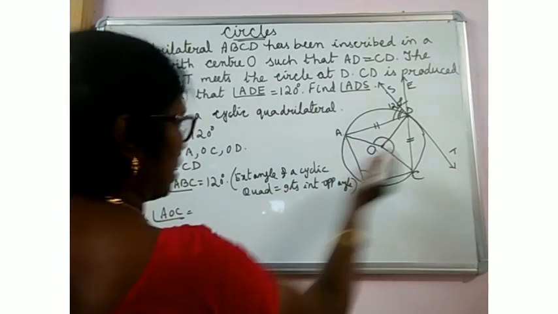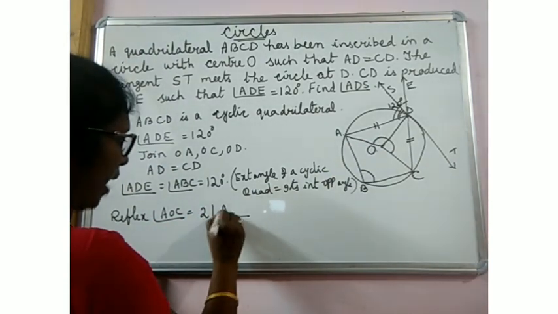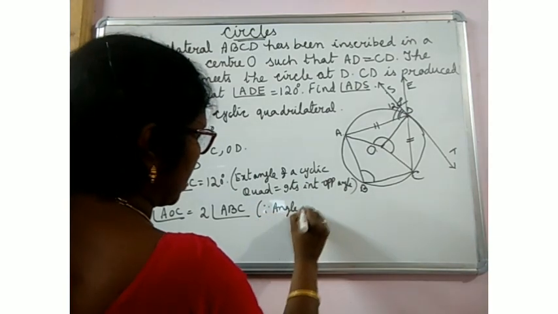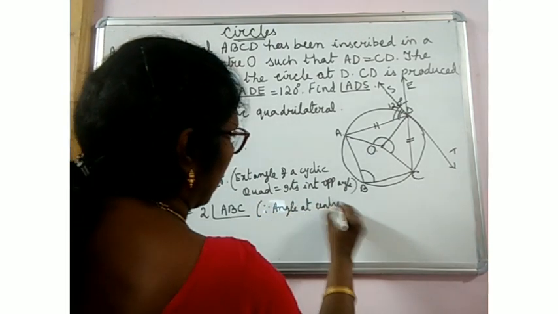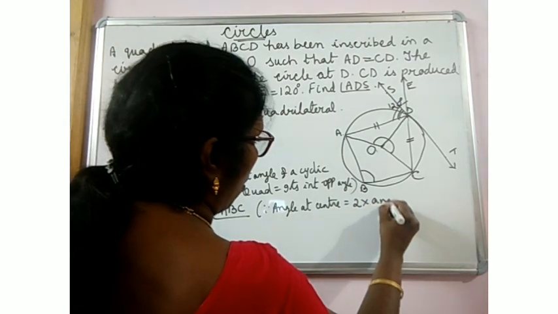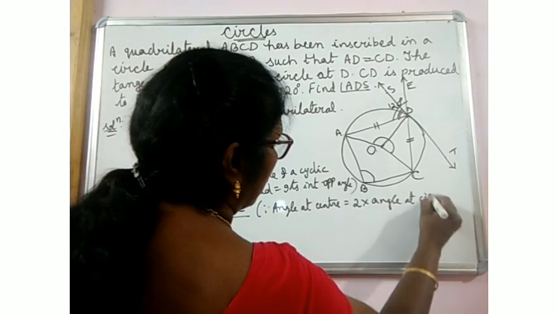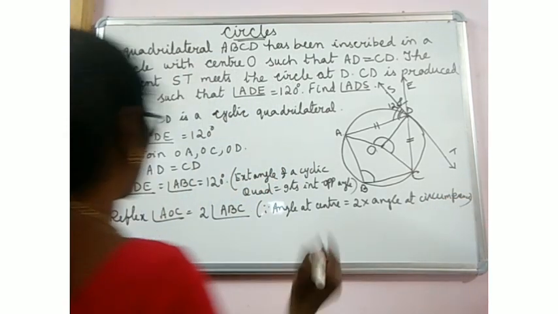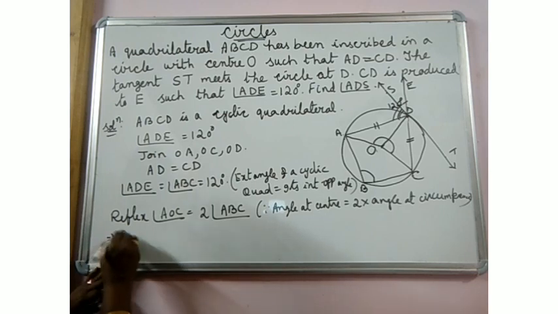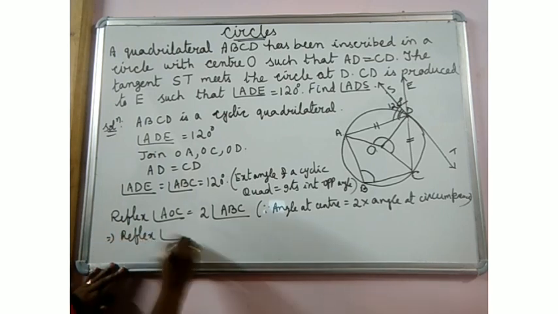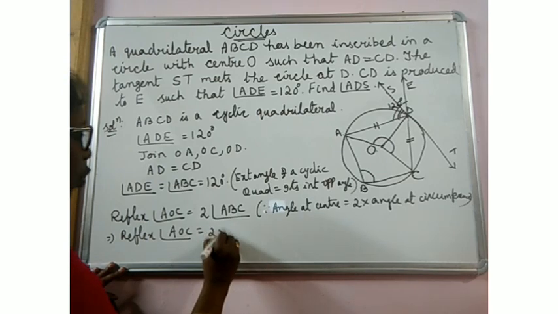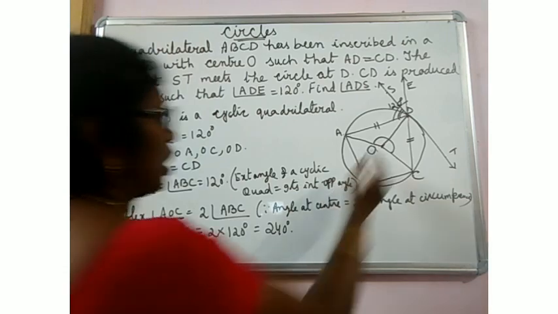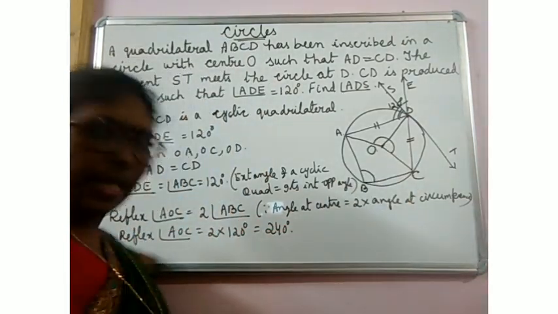Reflex angle AOC is equal to twice angle ABC, because the angle at the center is equal to twice the angle at the circumference. So the properties which you have learnt, you have to apply them. So reflex angle AOC is equal to 2 into 120 degrees, that is 240 degrees.